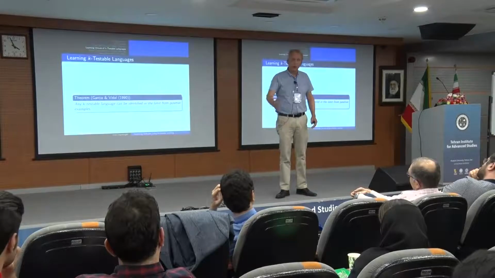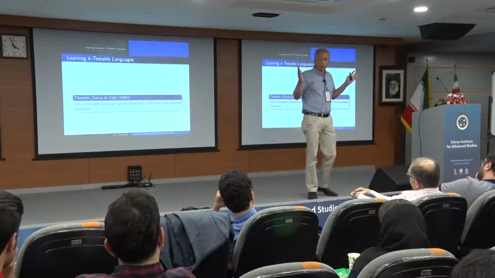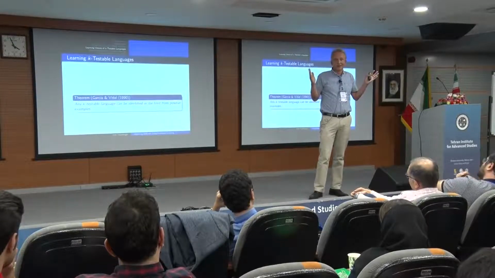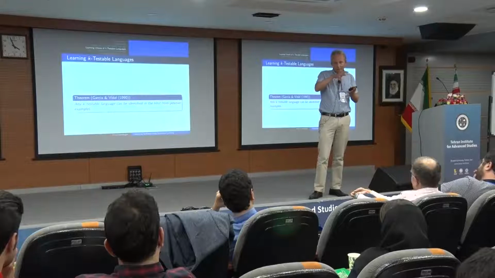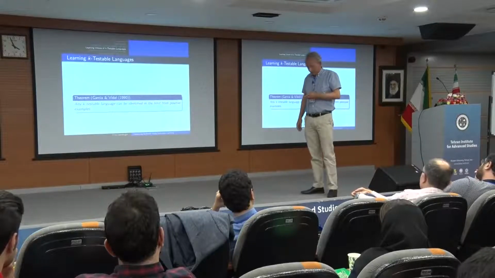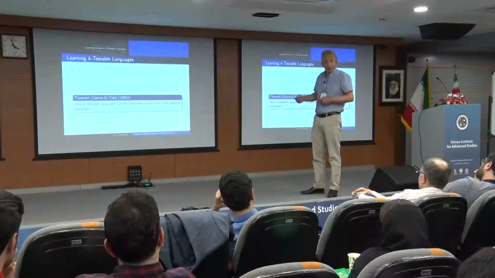And if you have an enumeration of the whole language, at some point you've seen all the segments. And therefore, from that moment on, your language will be fixed and you've learned it. You've learned it in the limit.